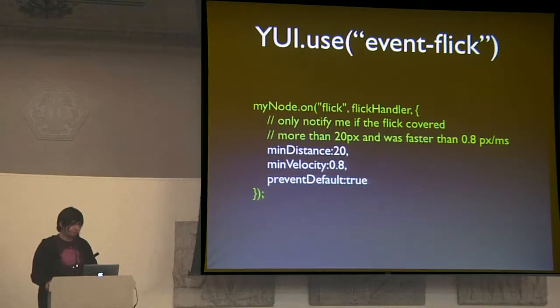You can subscribe to it and pass a set of different properties. Again, this is very highly customizable, and you can really achieve a native look and feel if you tweak those settings a little bit. It's pretty simple. You just pass in the distance and the velocity and whatnot, and then it will behave like a native app.